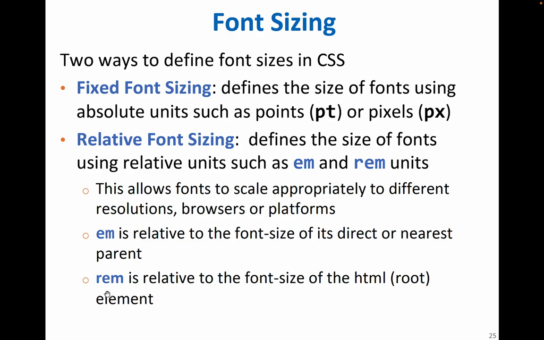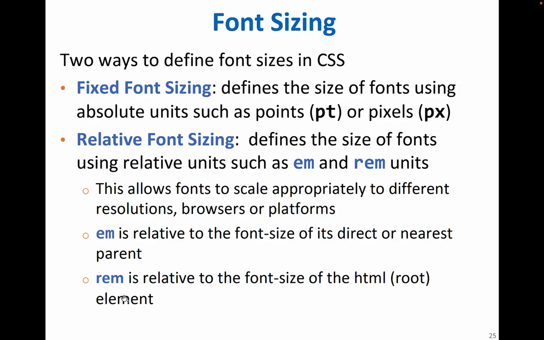We have two options, EM and REM. EM is the relative font size to its direct or nearest parent in the HTML tags, and REM is the relative font size based on the root, which is the HTML element.